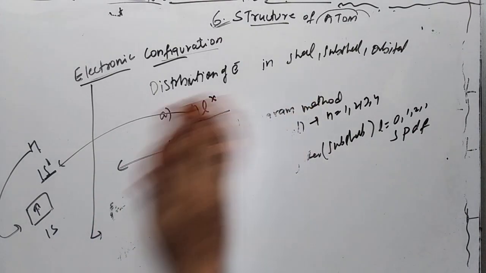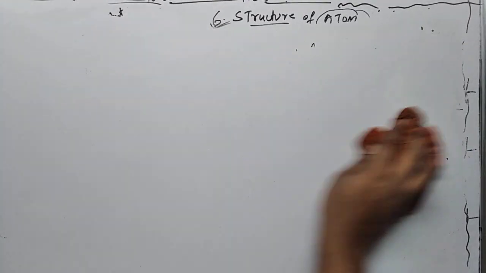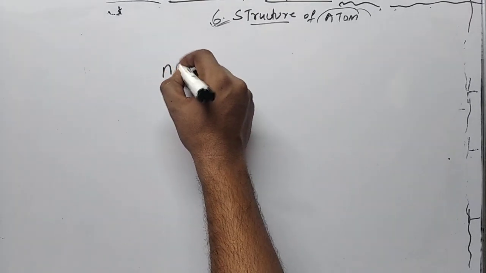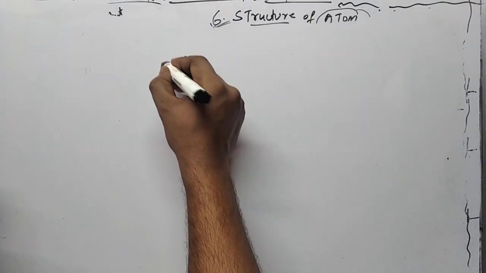Mostly you may have seen electronic configuration written only with the help of the nlx method. How to write the electronic configuration of any element is a very important topic.